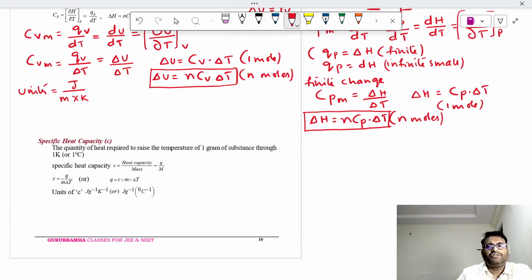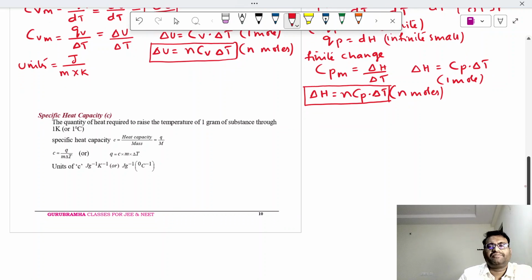So that is about molar heat capacity. And the units for Cp are also joule per mole per Kelvin.